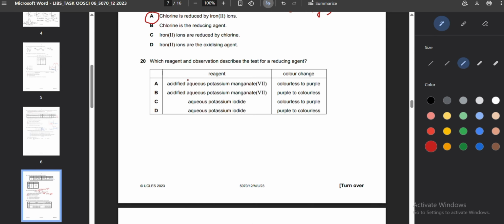Question number 20. Which reagent and observation describes the test for a reducing agent? Acidified aqueous potassium manganate, color changes from colorless to purple. All right, we know that acidified aqueous KMnO4 turns from purple to colorless.